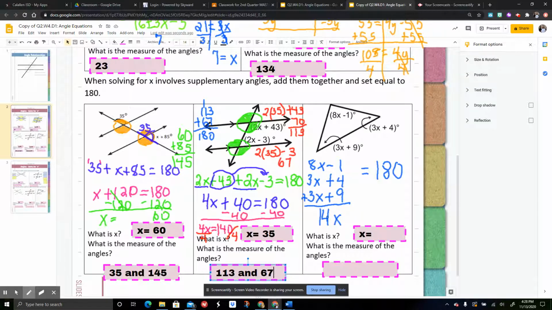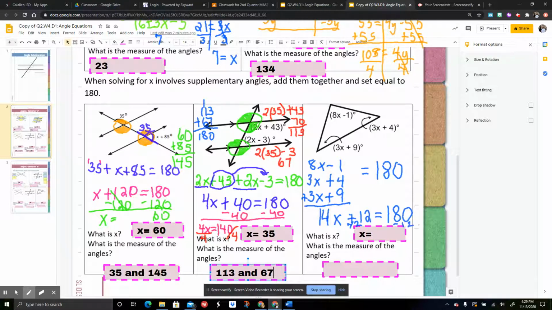Here I have a negative 1, a positive 4, and a positive 9. So I'll start by adding. 9 plus 4 is 13, minus 1 is 12. So I have 14x plus 12 equals 180. To solve that equation, I would subtract 12.